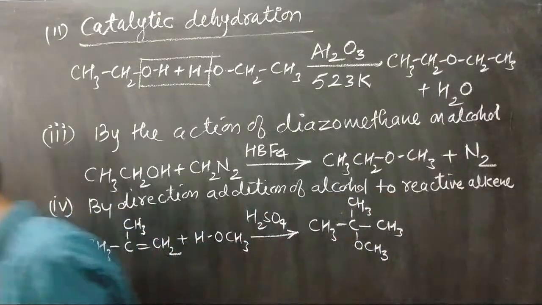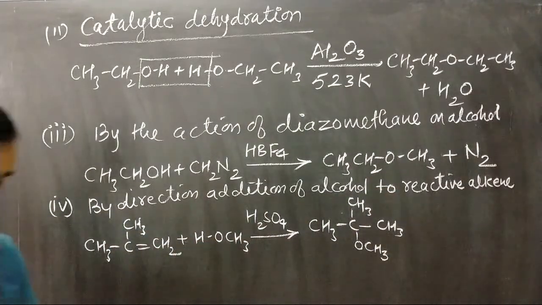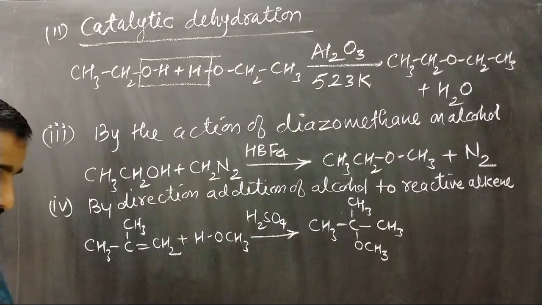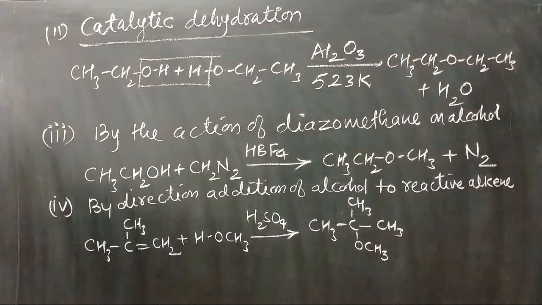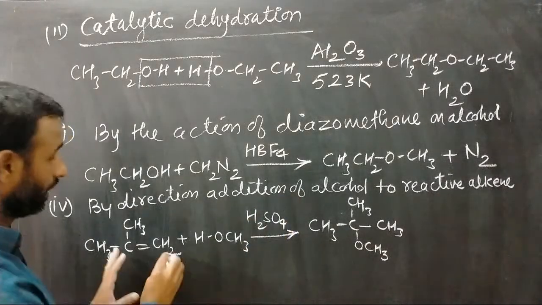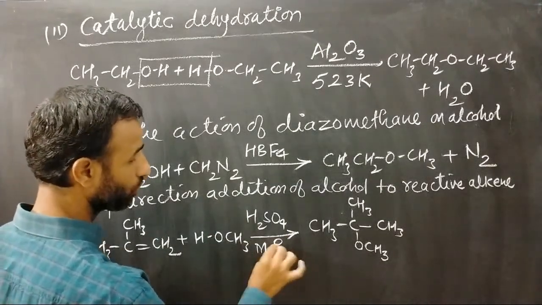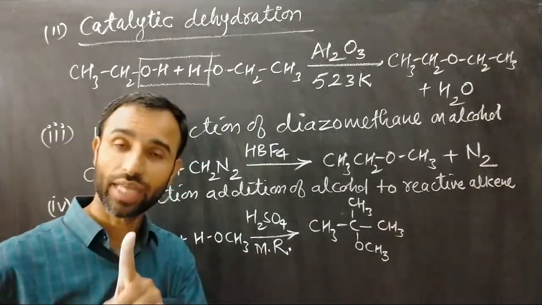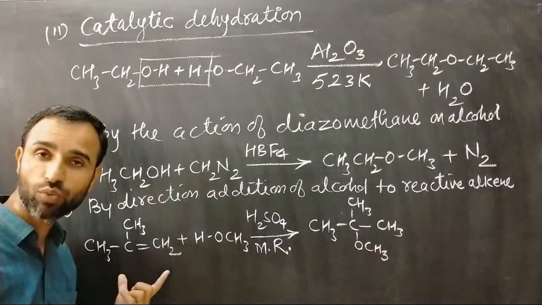Got it? Very good, Vasant, Saad, Swati. Okay, great. So this is actually Markovnikov addition, Markovnikov rule with rearrangement. Keep in mind, with rearrangement, because first a carbocation is formed.